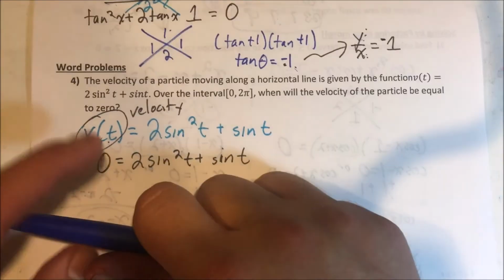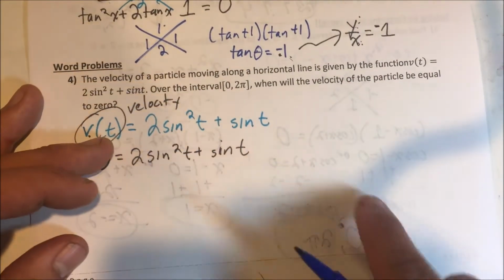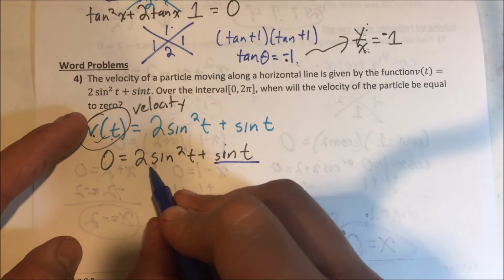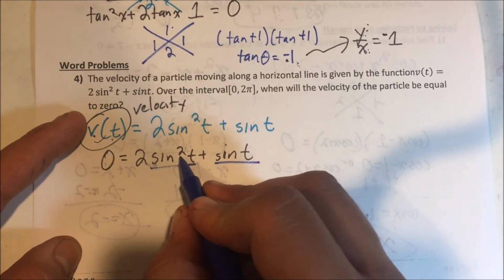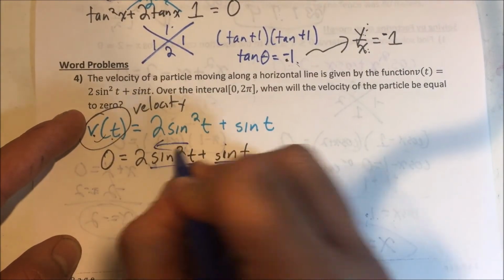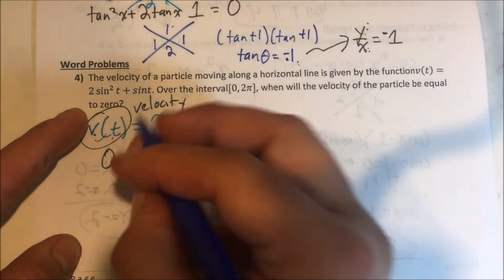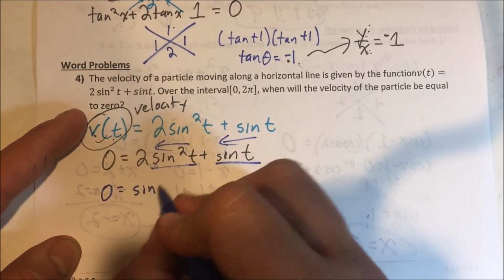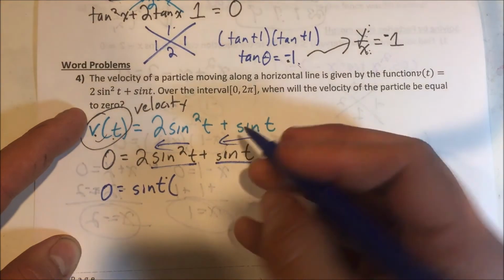What you hopefully have seen by now is that this really is just the factoring problems that we did yesterday. Because here we have a sine t, and here we have two sine t's multiplied by each other, hence the square. So I want to pull those out of the equation, and say that 0 is equal to sine t in the front, because I pulled one out.